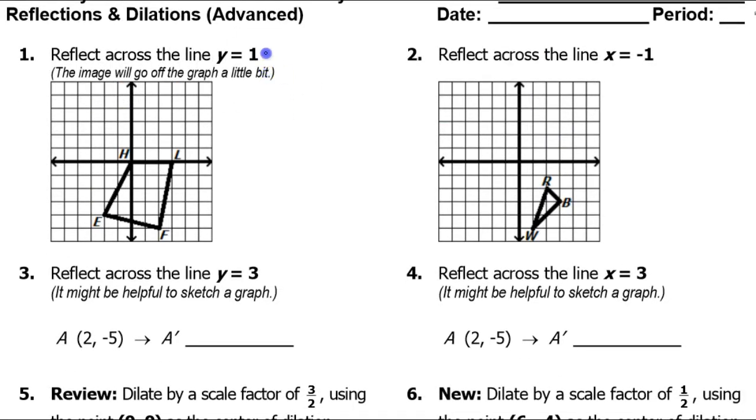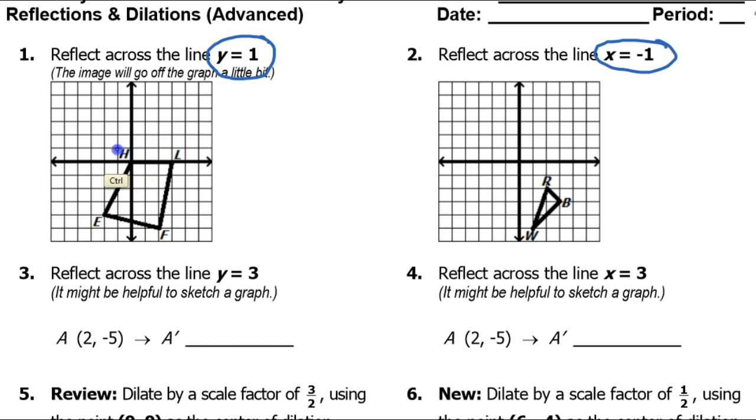First of all, understand this. When you see a small equation like y equals a number or x equals a number, these are horizontal and vertical lines. Now, it's the opposite of what you might think, because you know that the y-axis is vertical, but the line y equals 1 is actually going to be a horizontal line.